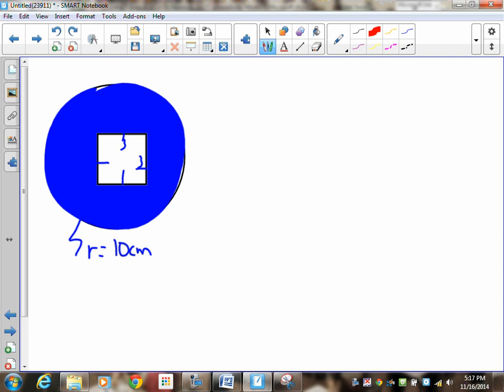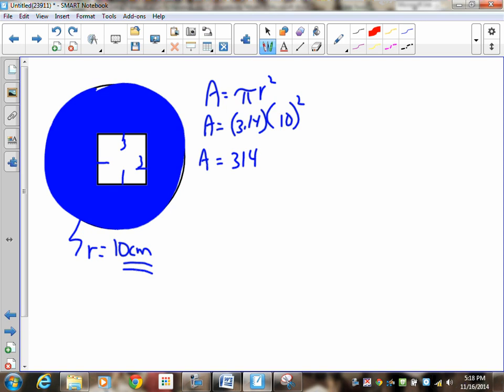So let's start with the circle first. The area of a circle is area is equal to pi r squared. In this case, my area is what I'm trying to find. Pi stays as 3.14, and my radius is going to be 10 centimeters. I was told that. So that's 10 centimeters squared. So now, 3.14 times 10 times 10, it's 314.